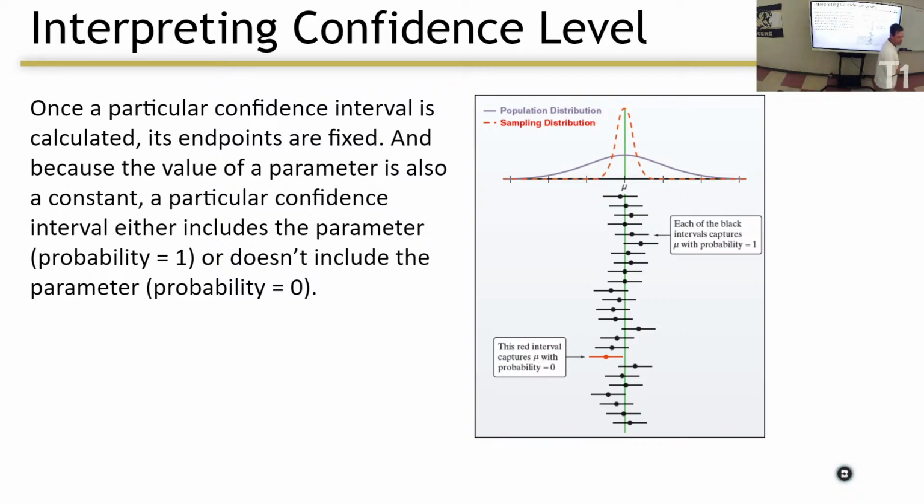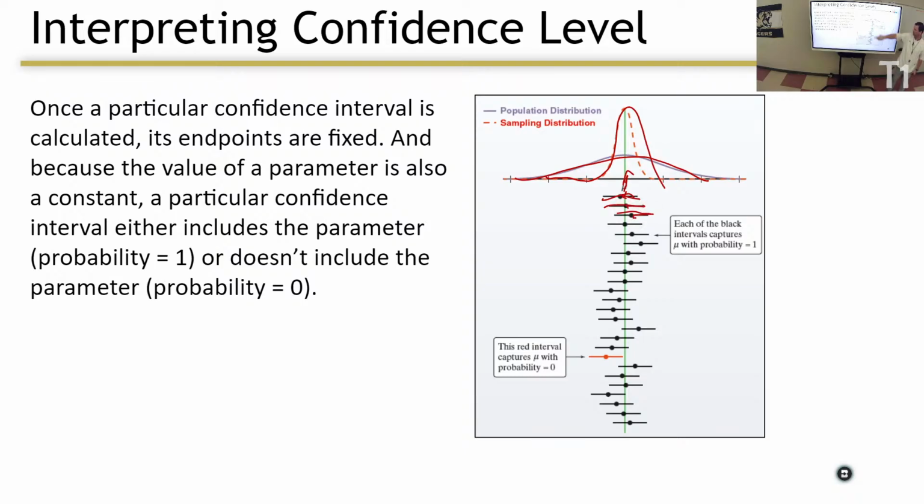Here we have a visual, guys. Here is the population. Here is the sampling distribution. Here is mu, and here's p-hat. I think they used x-bars. Yeah, they used mu. So here's one x-bar with a plus and a minus. Here's another x-bar with a plus and a minus. Here's another.